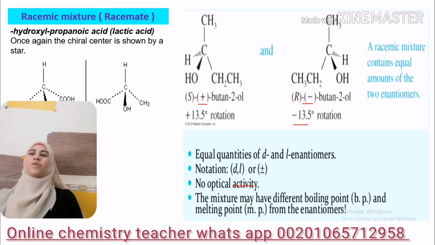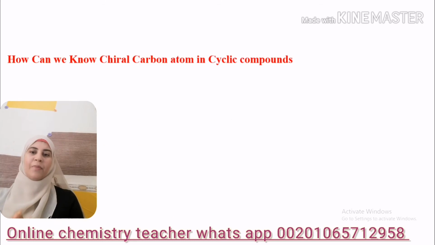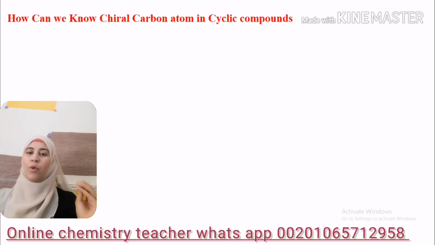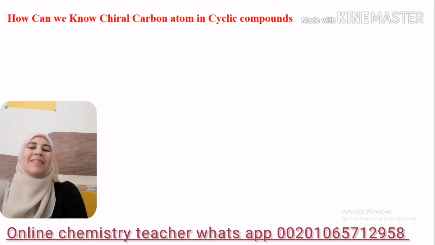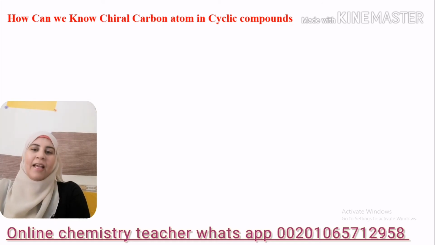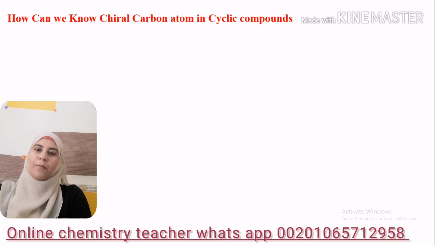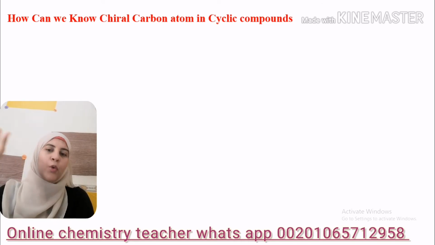Now we will move to one of the important topics. How can we know the chiral carbon atoms in cyclic compounds? This question is repeated a lot, especially for AS level students. We have specific rules.